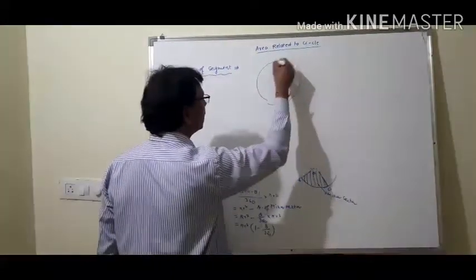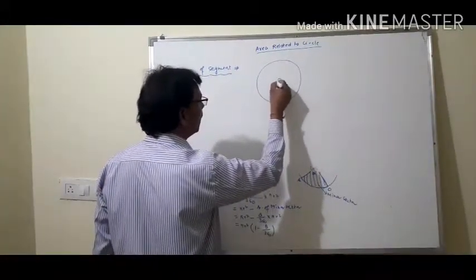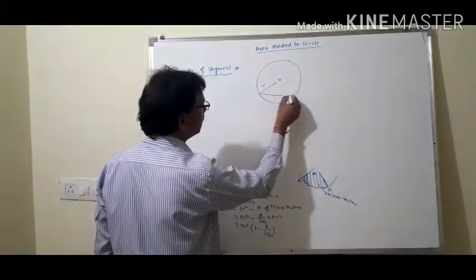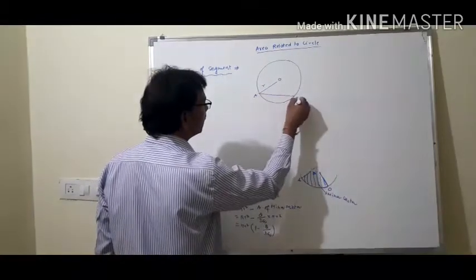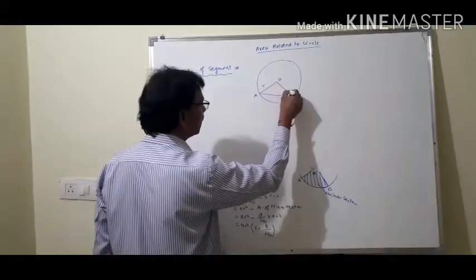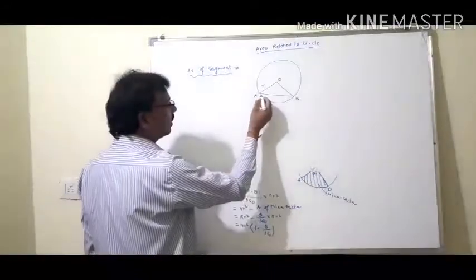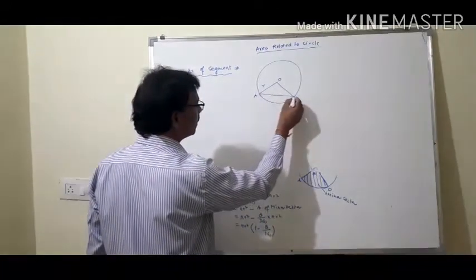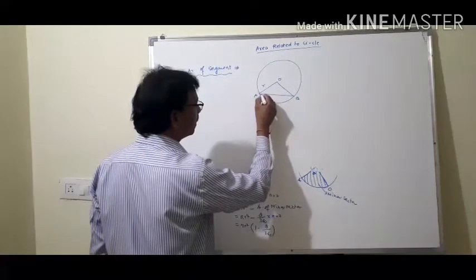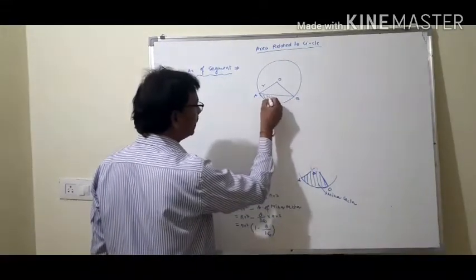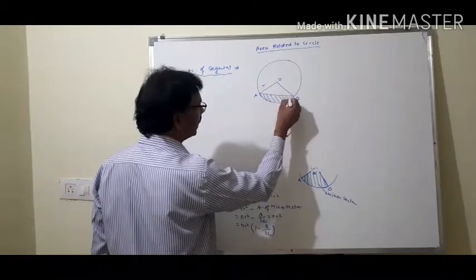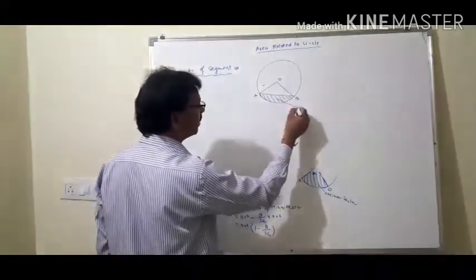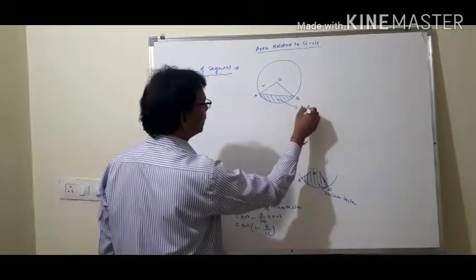Suppose this is a circle with center O and radius R. Suppose this is a chord AB, and the region between this chord and this arc of the circle is known as a segment, and this whole region is known as the area of the segment.